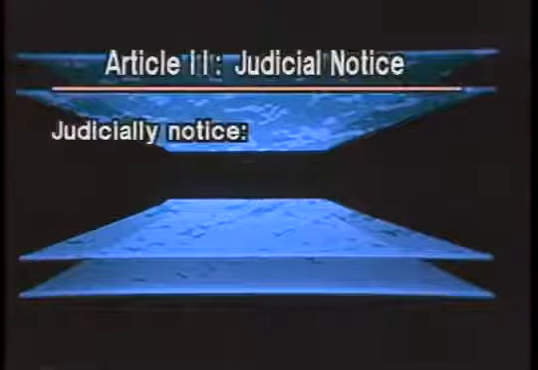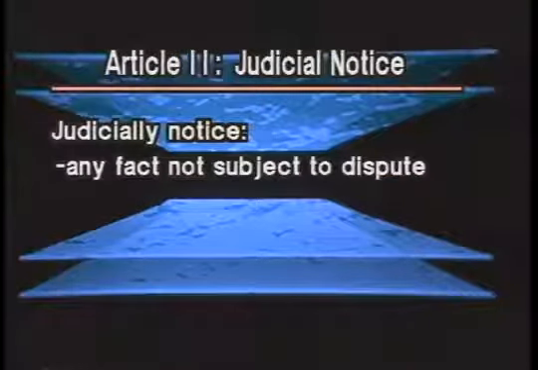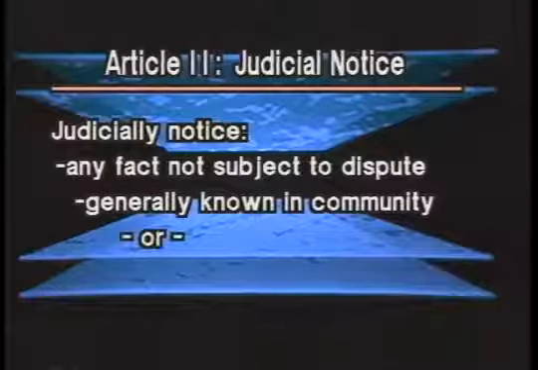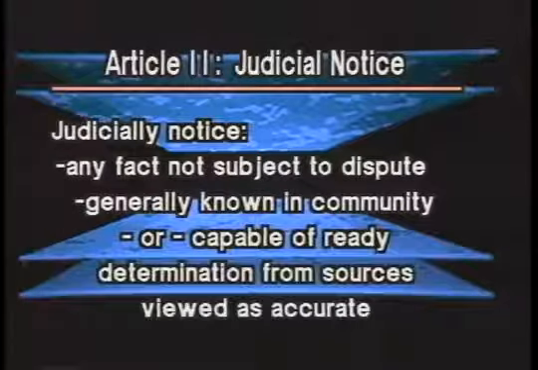So much for Article 2. It's a one-rule article, and it says that you take judicial notice of things that are not subject to dispute, not because you personally know them, but because they are generally known in the community or are capable of ready ascertainment from sources that are reliable. You can do it on your own.